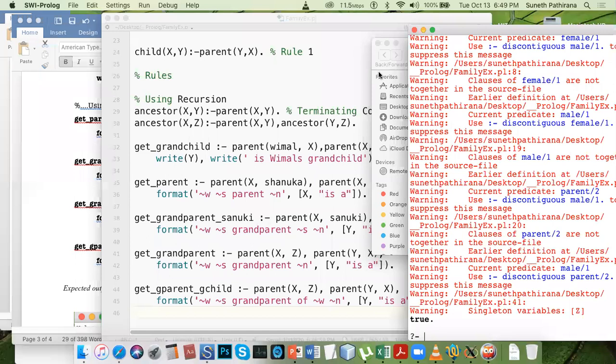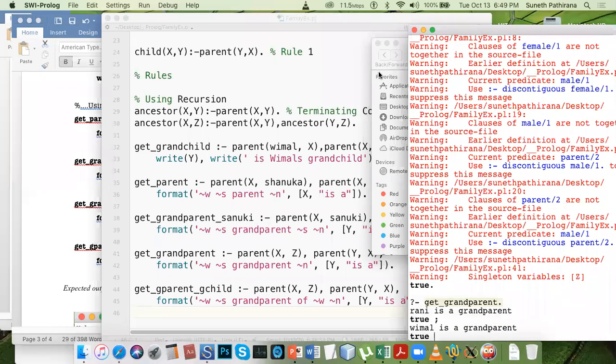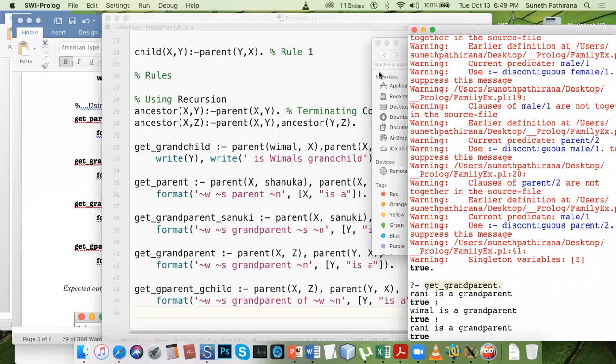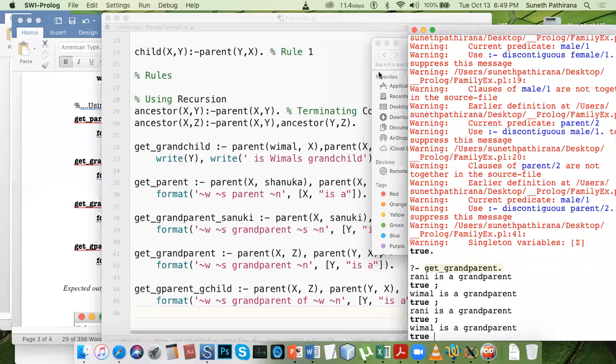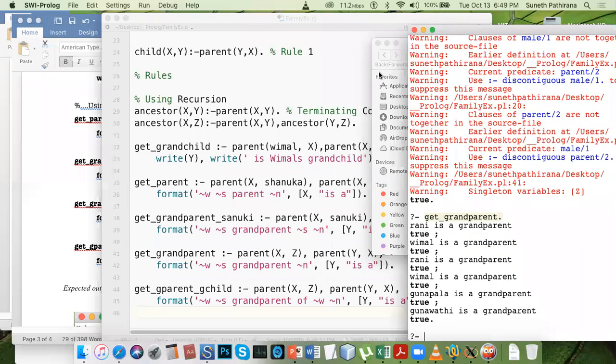Okay, no problem. Get grandparent. That's all. Get grandparent. Rani is a grandparent. True. Vimal is a grandparent. Rani is a grandparent, and the relationship. Vimal is a grandparent again. Gunapala is a grandparent. Gunavati is a grandparent. Okay, we will call the other function as well.